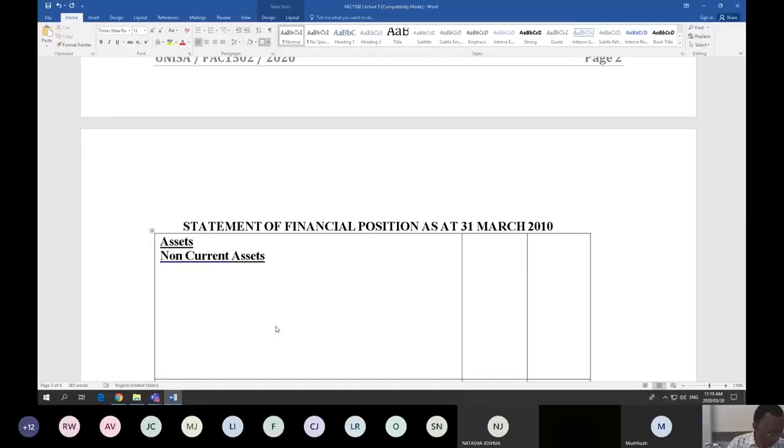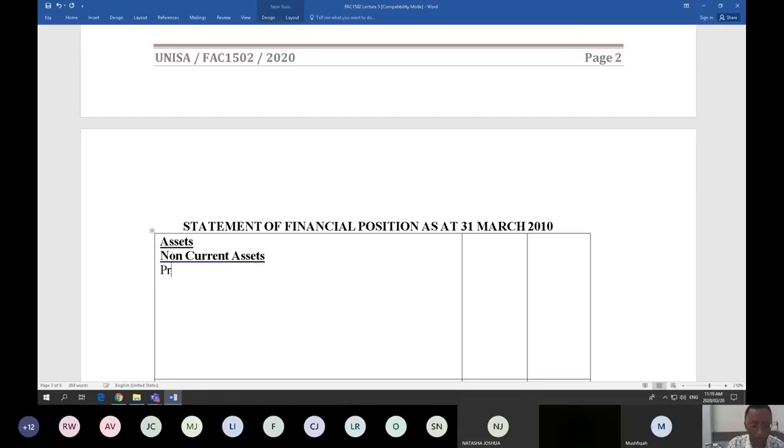So under your non-current assets, guys, remember your non-current assets will be your property, plant and equipment. Under property, plant and equipment will fall your buildings, your land or land and buildings, your equipment, your vehicles, your furniture, machinery. That will all form part of property, plant and equipment.